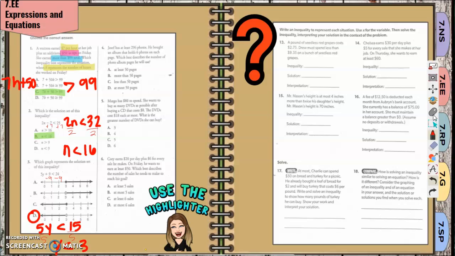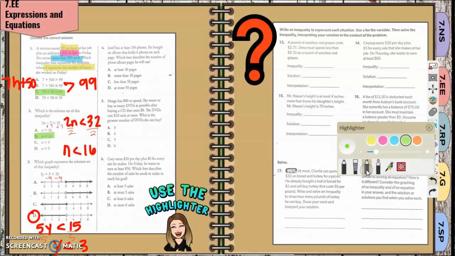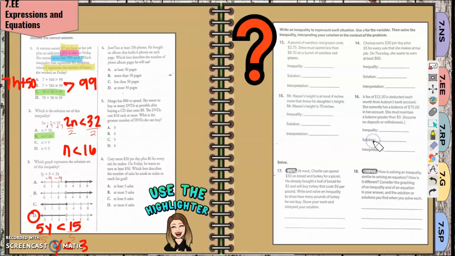Joseph has at least 296 photos. At least is going to be a key word for us when we figure out our inequality symbol. He bought an album that holds 6 photos on each page.